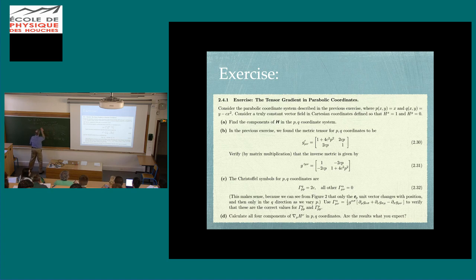I'm still working in this parabolic coordinate system, and here I've got a truly constant vector field in the background flat space, right? What I want to do is find HP, which is partial of p with respect to x times hx, and hy is 0, so this is just 1.